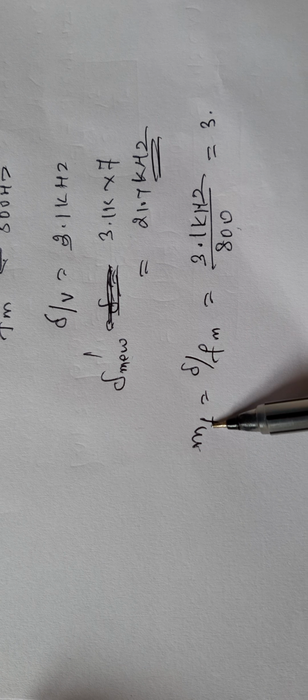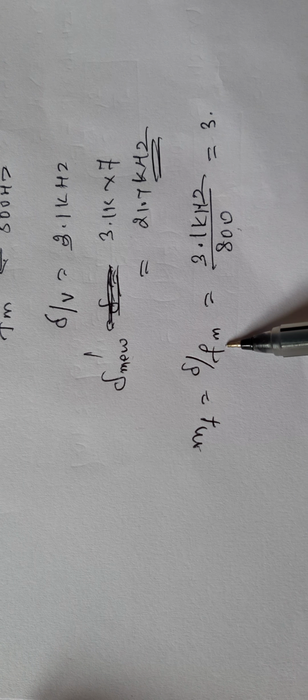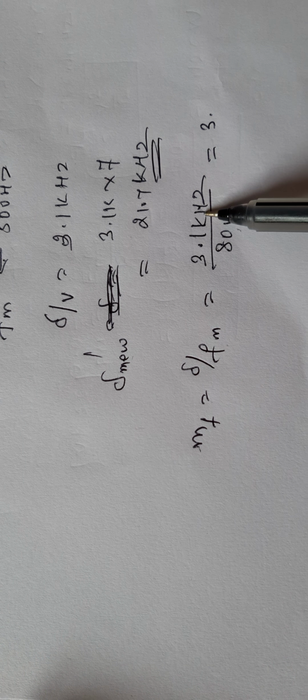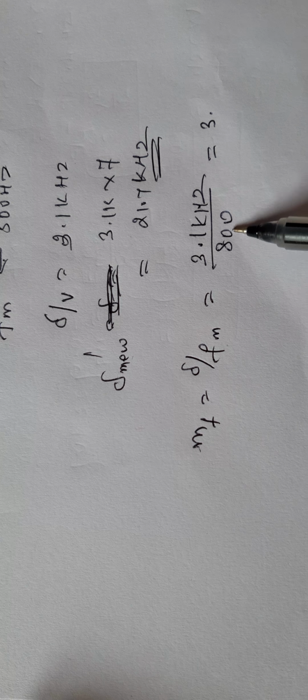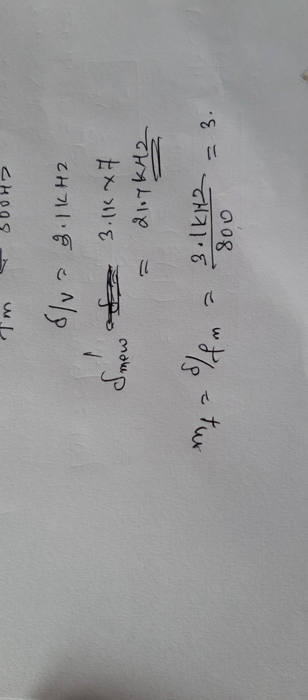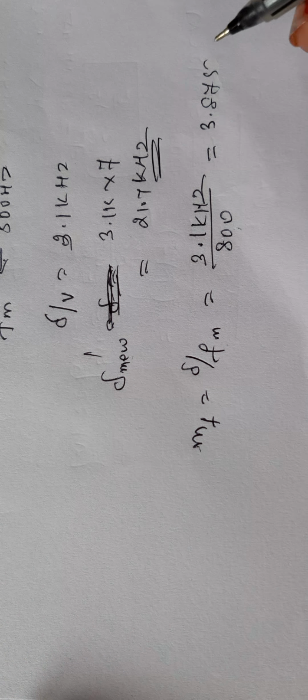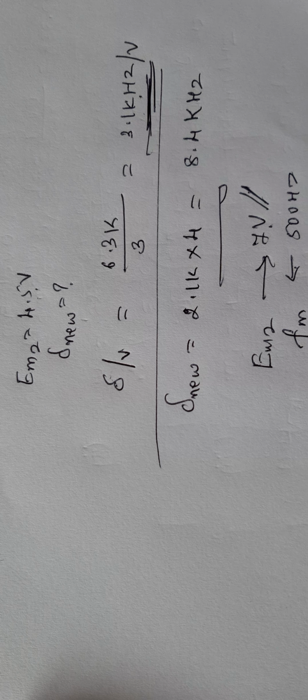By definition, modulation index is carrier deviation delta divided by modulating frequency. That is 3.1 kilohertz for delta, FM is 800, and dividing this, k is 1000. After calculating this, you will get 3.875. First one. Now second.